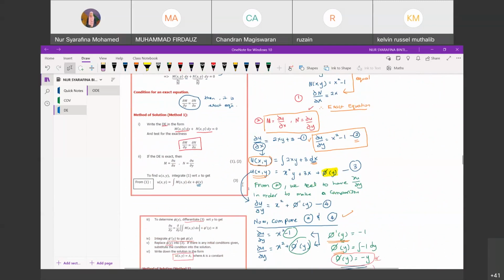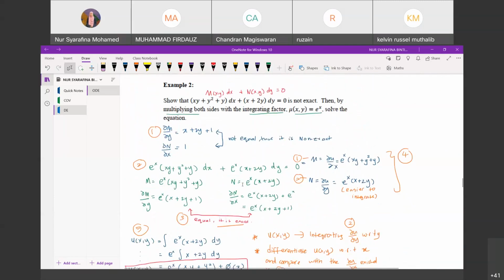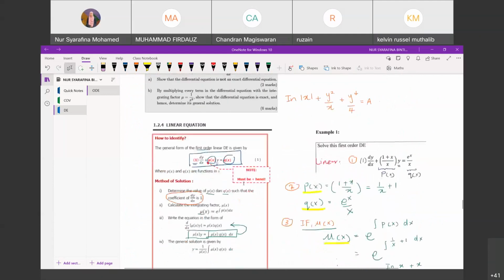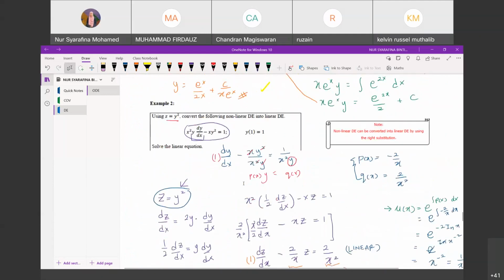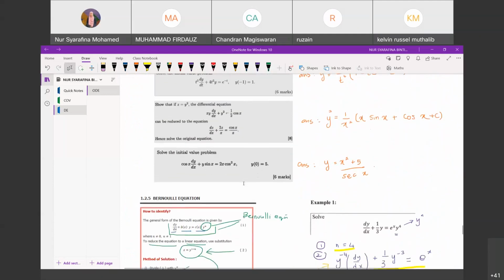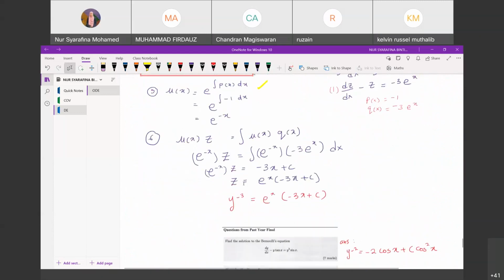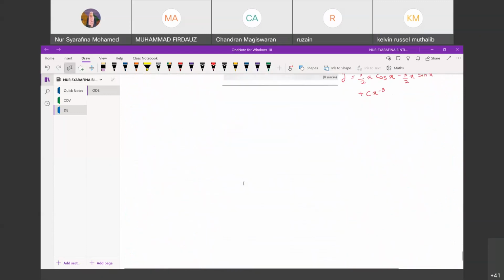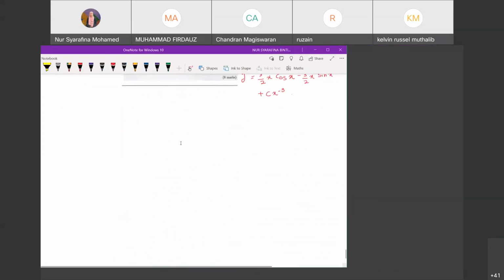Okay. So there are 5 types of ODE that you have learned. Okay, so as for now, let's proceed with the application of first order ordinary differential equation. Since next week we're going to have holiday on Sunday, right? So let's just proceed.